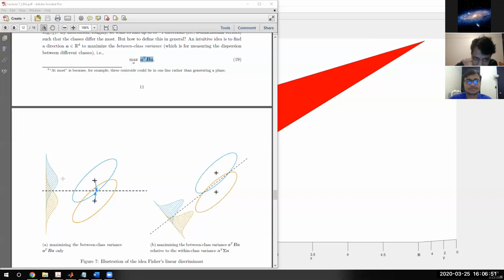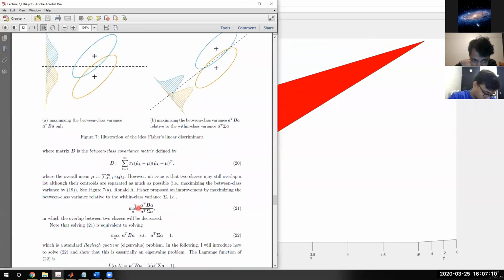Yes. Okay. So in other words, what I want to do is make a trade-off. On one hand, I want to maximize the between class variance. On the other hand, I want to minimize the within class variance. So how to express it mathematically? A simple way is this. Instead of maximizing this part, I'm going to maximize this part, which is a ratio of the between class variance versus the within class variance. This B, as I mentioned, is the between class covariance matrix, and this sigma is our sigma.